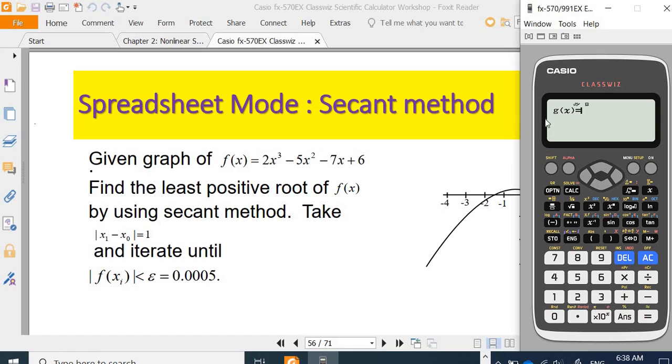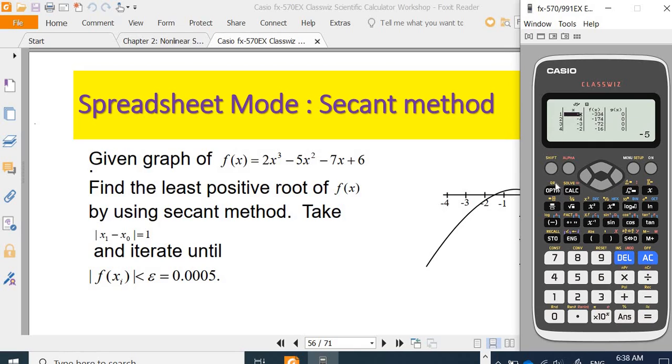This mode lets you input two functions simultaneously. If you don't have a second one, we just let the second function equal 0. Let's say the range is negative 5 until 5, with increment 1.